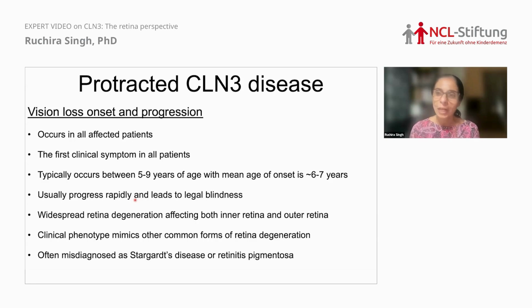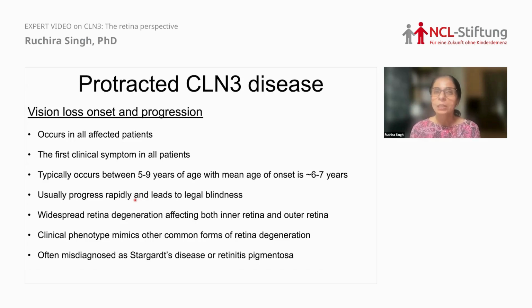So between the protracted disease and the classic CLN3 disease, there is normally not a big difference in the age of onset. However, the other neurological symptoms in the protracted disease do not develop until very late in the disease.